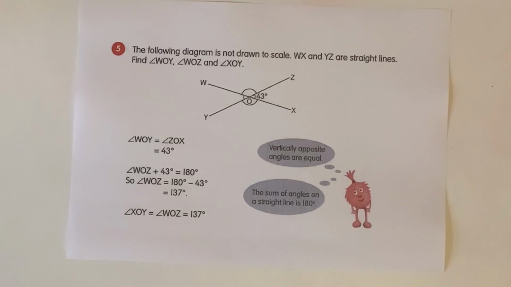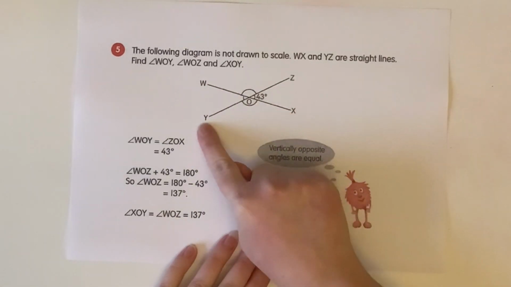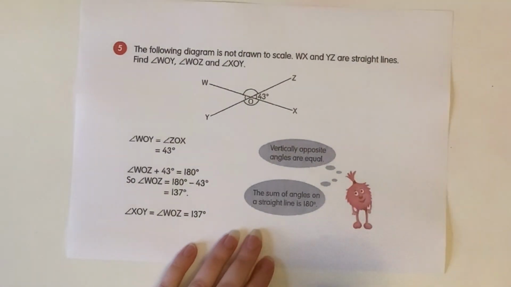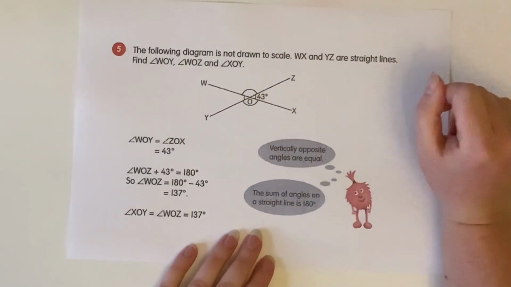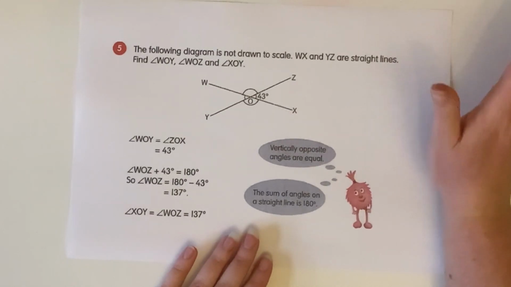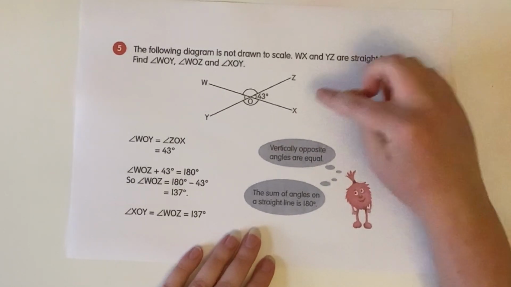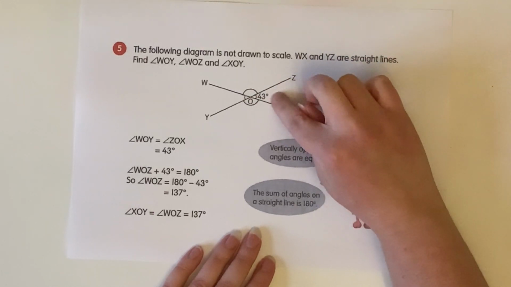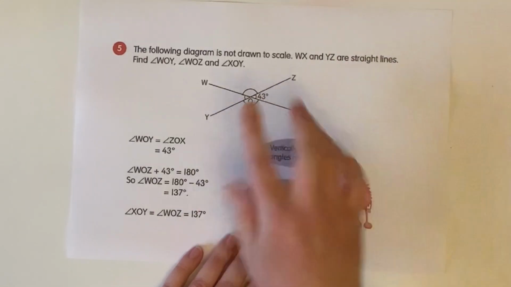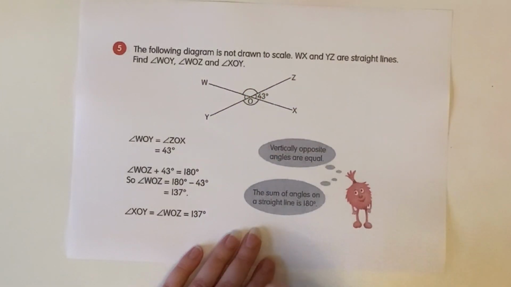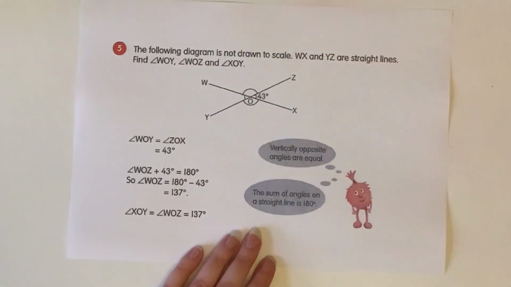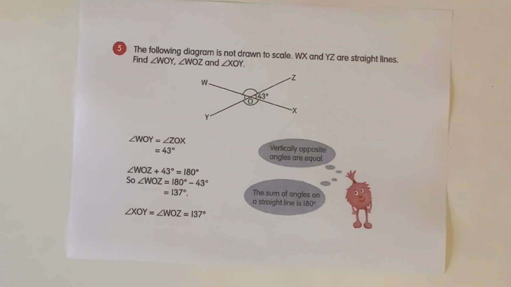So WX and YZ are straight lines, and we know that the angles on a straight line equal 180 degrees. We are told that this angle here, ZOX, is 43 degrees. Because they are vertically opposite, I then know that WOY is also 43 degrees. So I might note that down.